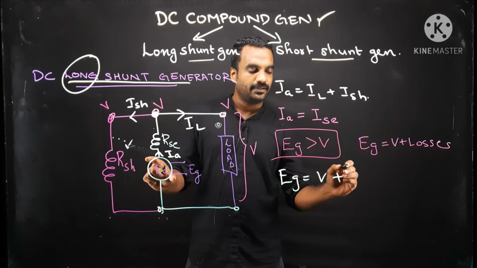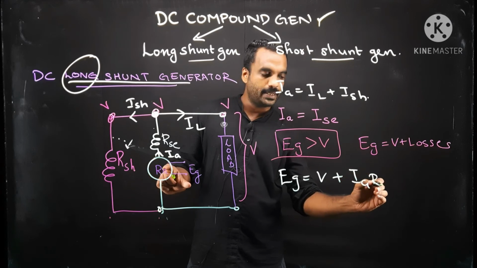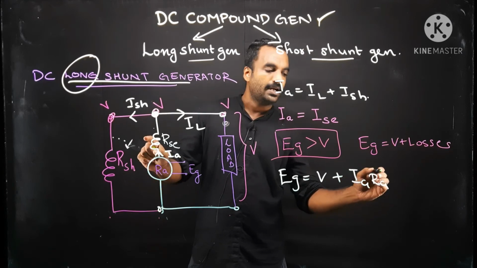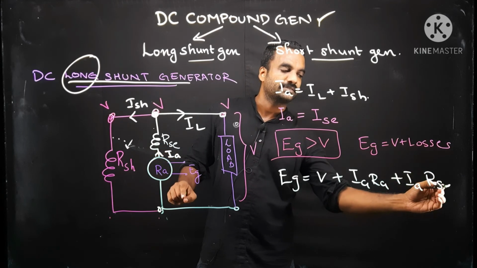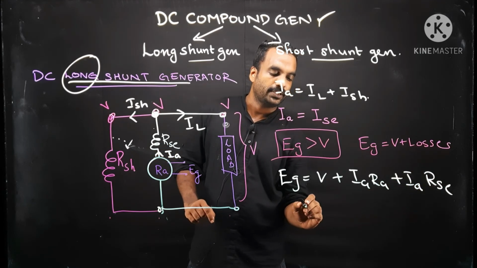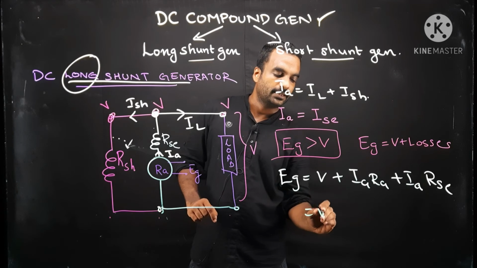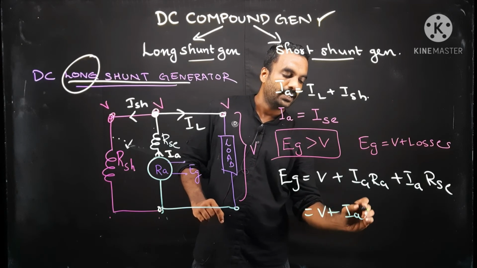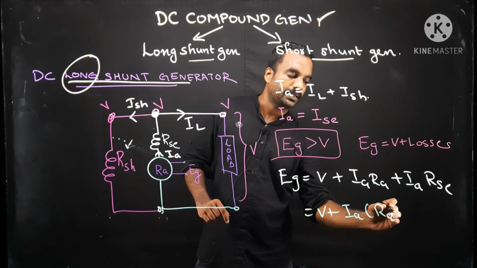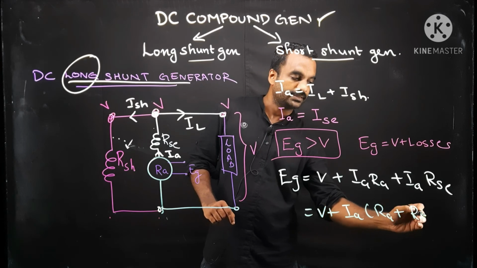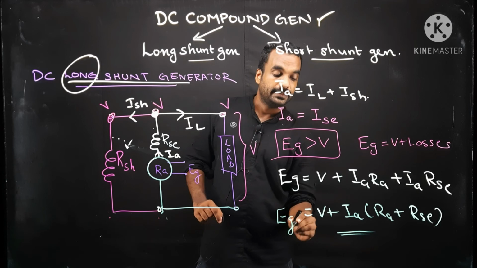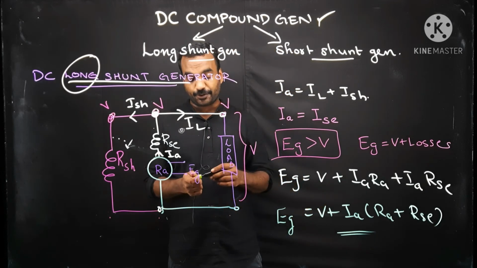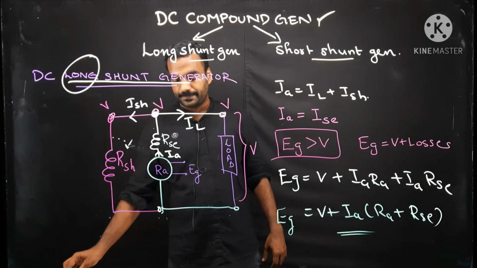One is IA RA, armature current into armature resistance. The other one is armature current into series field resistance, IA RC. So in total, EG is equal to V plus IA into (RA plus RC). Now you can see this equation is same as that of series machine.